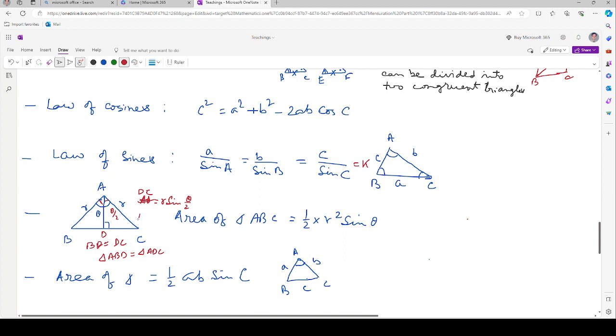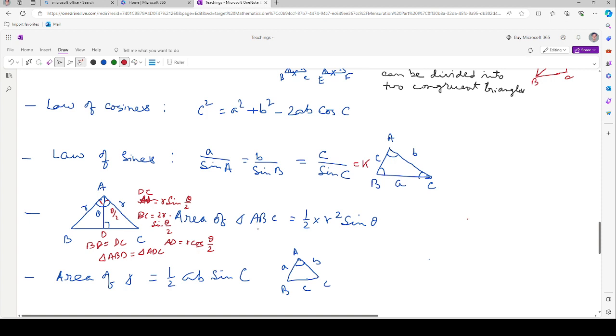So BC equals 2r sine theta by 2, and AD equals r cos theta by 2.